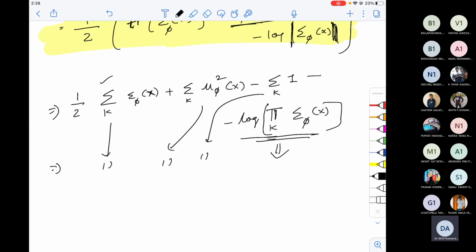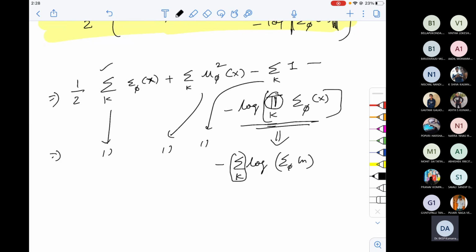That is nothing but here, minus log sigma of phi of x, minus sigma over k of log of covariance of phi given x. So I converted the product of these terms to a sum of terms, which is the basic logarithm property.